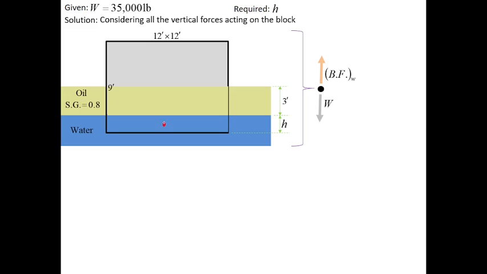May pwersa na ine-exert ang water para mag-float yung ating object. Kaya merong buoyant force due to water. Meron ngayong buoyant force din due to oil. May pwersa na ine-exert yung oil para lumutang yung ating object. So, meron kang buoyant force due to oil. So, yun ang tatlong pwersa na vertical na nag-a-act sa ating block. No?